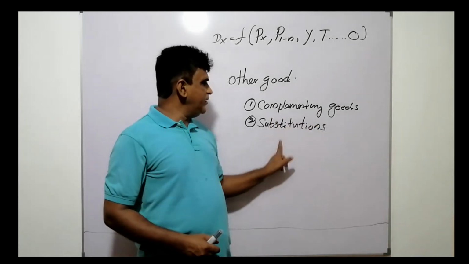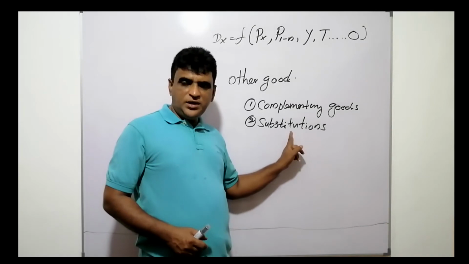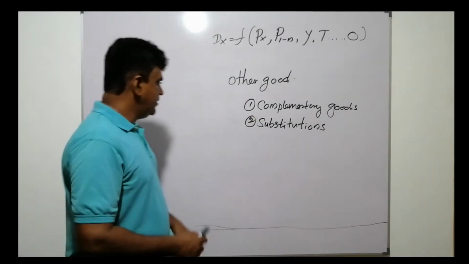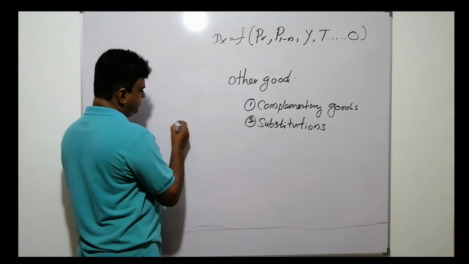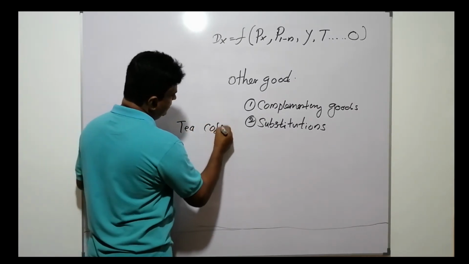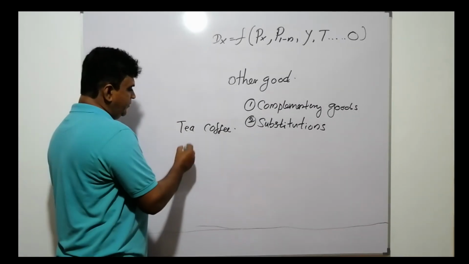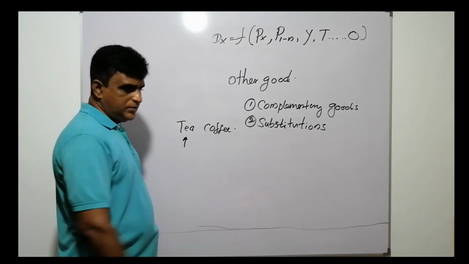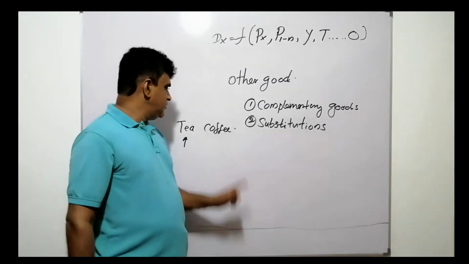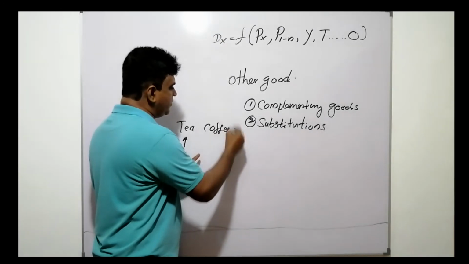Now what is happening? For a substitute good, we'll consider one substitution, tea and coffee. What happens if the tea price goes up? Tea price goes up, then the demand for coffee also goes up.